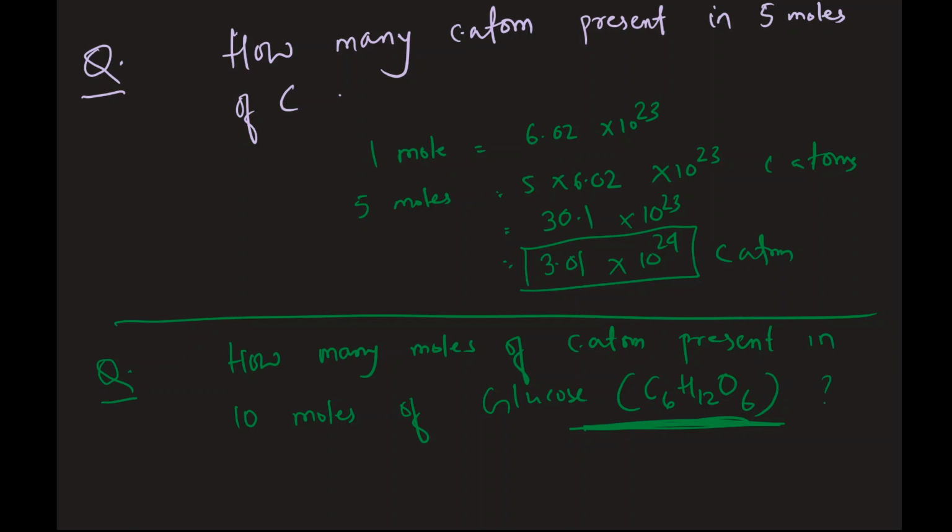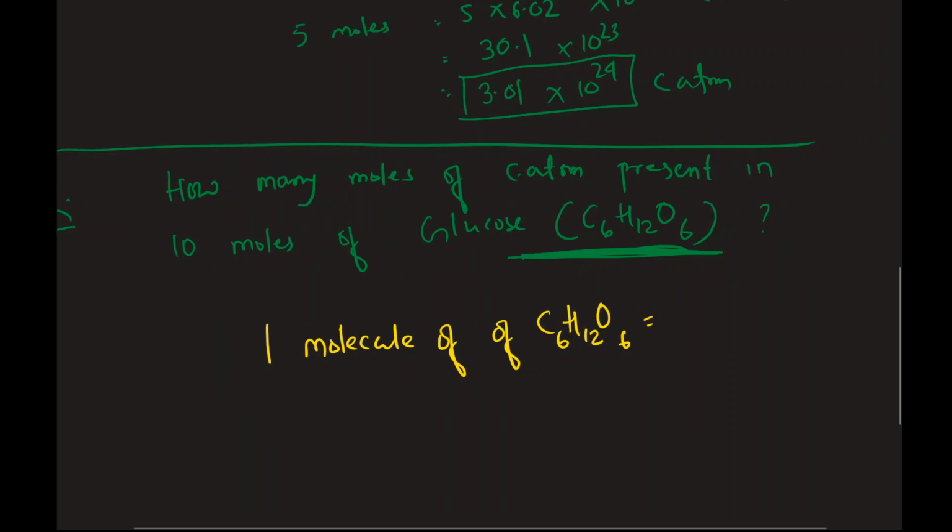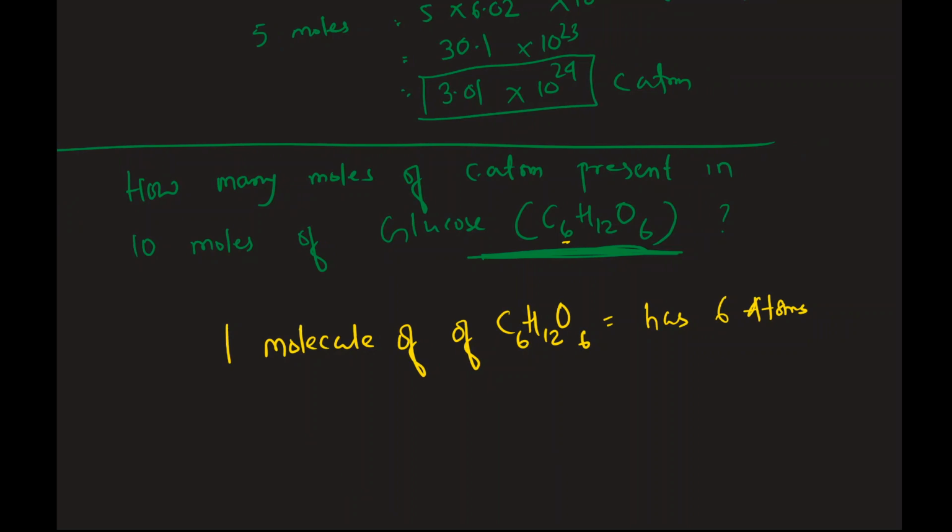So how do you do this? First you have to write the equality term. Each one molecule of C6H12O6 has 6 atoms of carbon. So you can make a conversion factor from this statement.